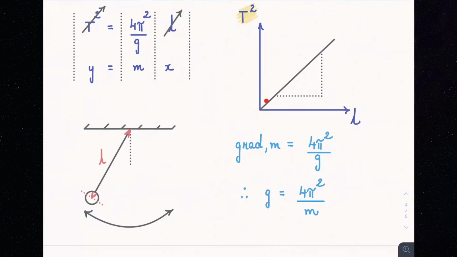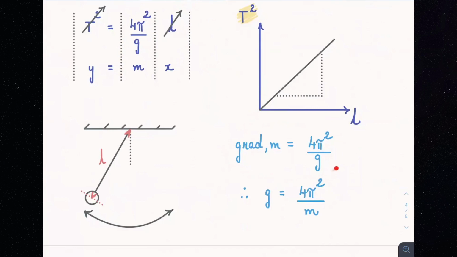How do I know this? Because here plus c, I'm not showing it, but it is understood that it is plus 0, and the gradient is equivalent to 4 pi squared on g.